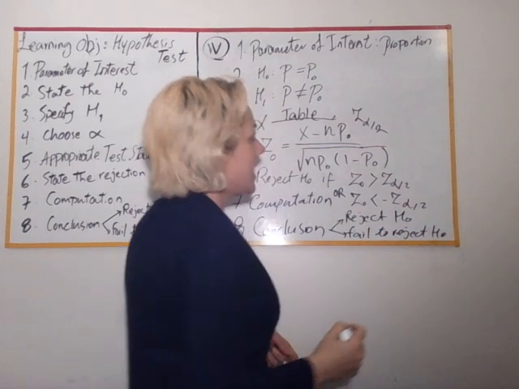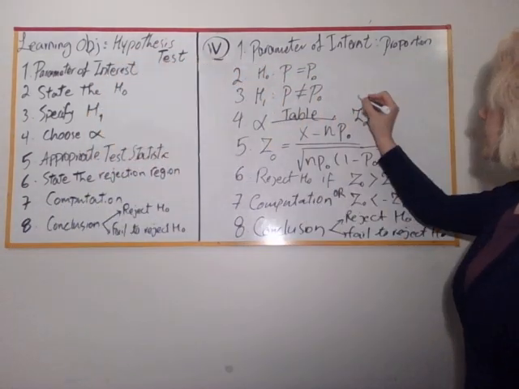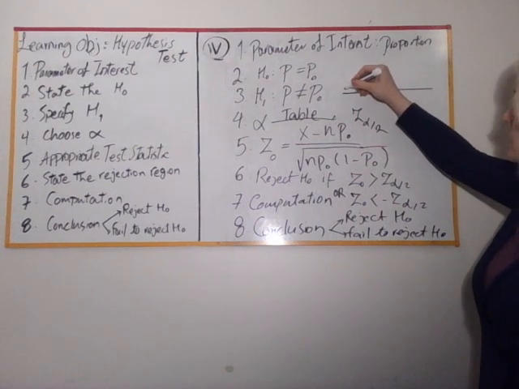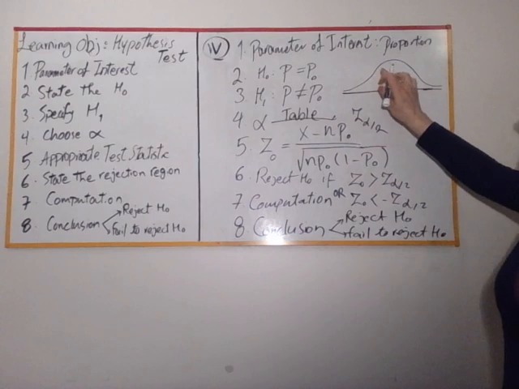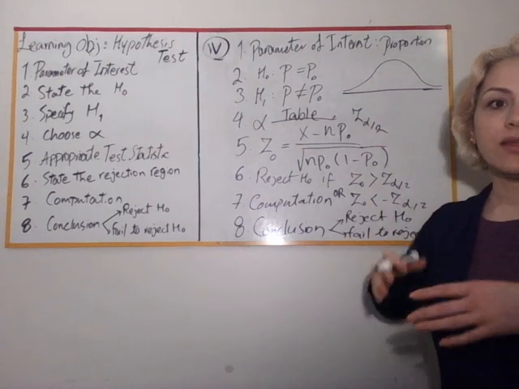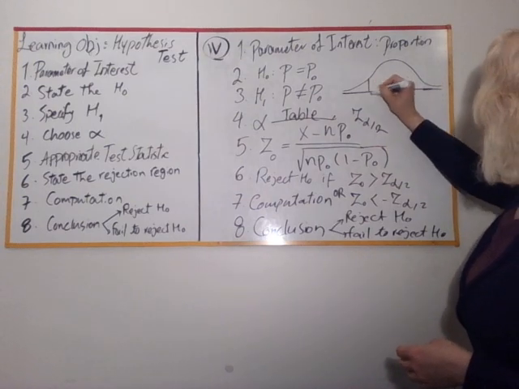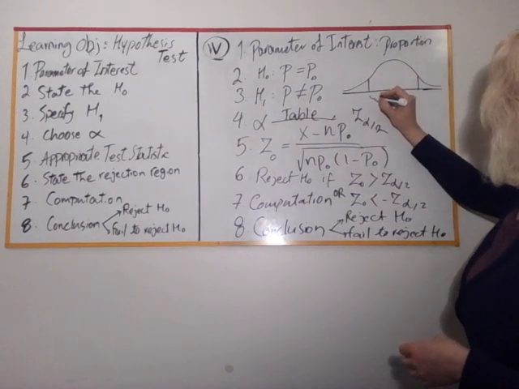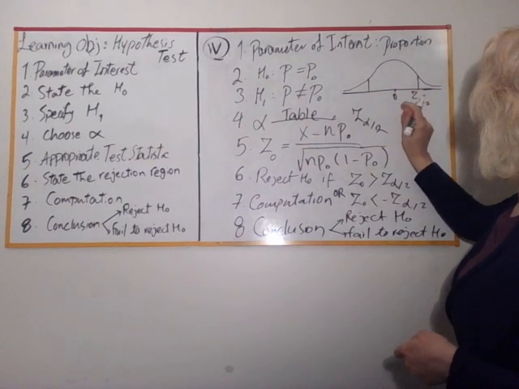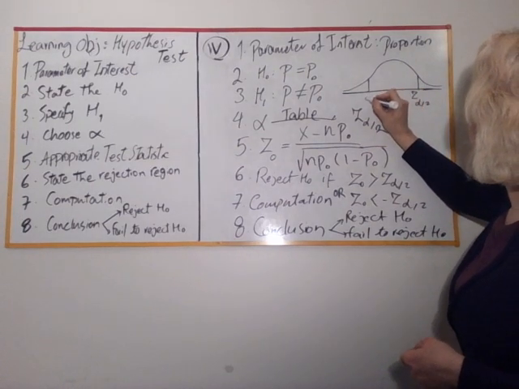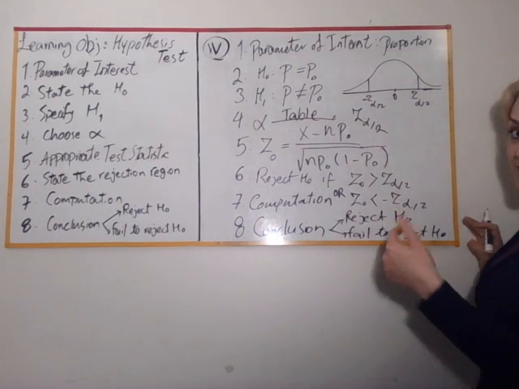Even when we look at the graph for this one, it's going to be something like this. We are looking at the normal distribution of Z, a bell-shaped curve. I have these two points: this is Z at half of the alpha, here is 0 in the center, and here is minus Z half of the alpha. I'm going to compare my Z null.